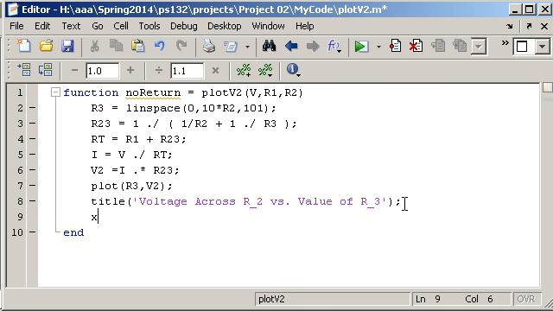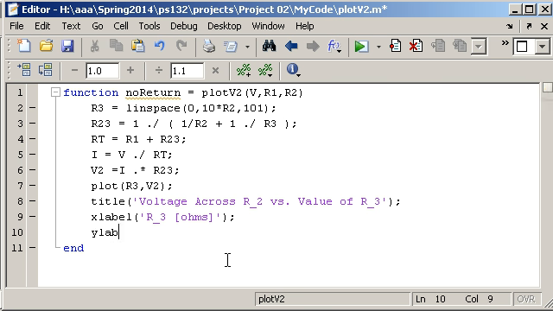And then X label: R sub 3, space, units of ohms, and then close the quote. Okay.